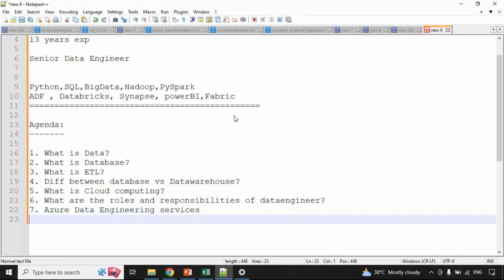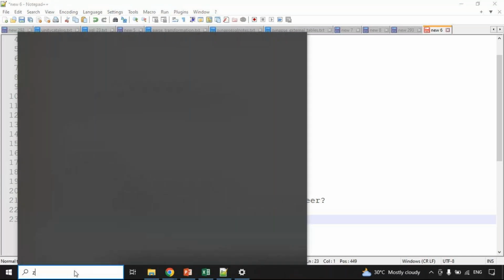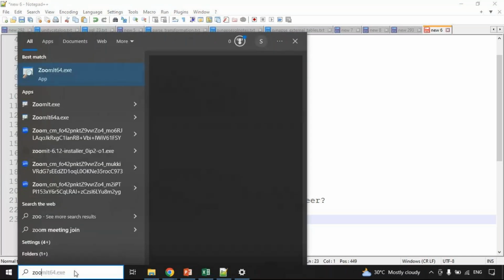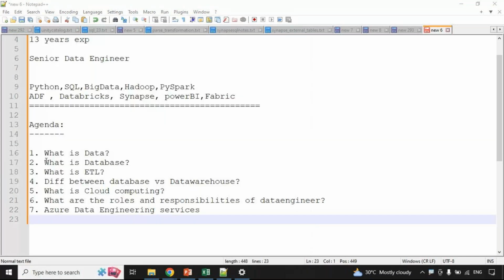As part of this, first I'm going to give the basic introduction, guys. The first 10-15 minutes I'm going to discuss these things, then we'll go for actual data engineering.